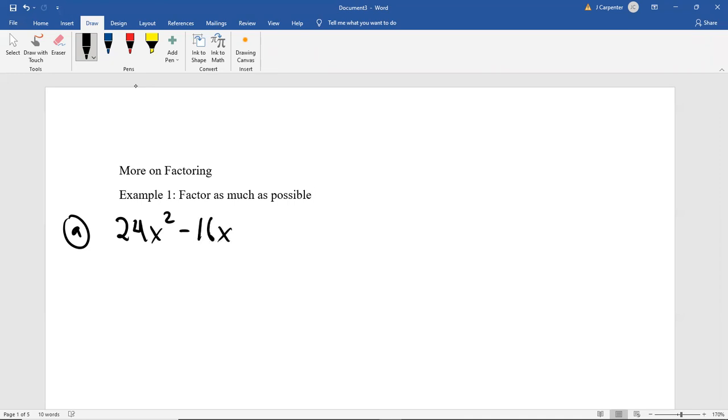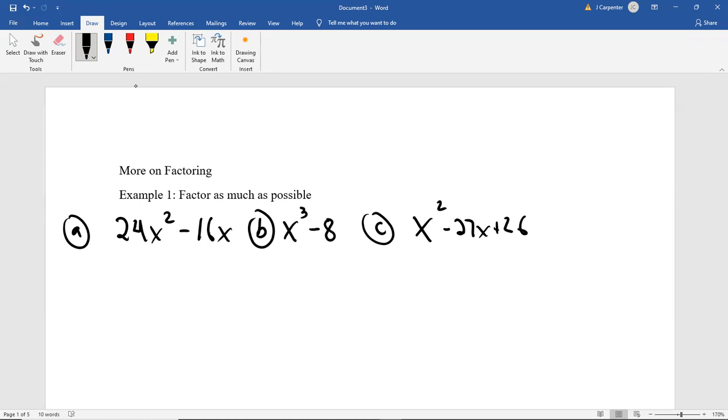That's going to be A. B, x cubed, and C. There we go.